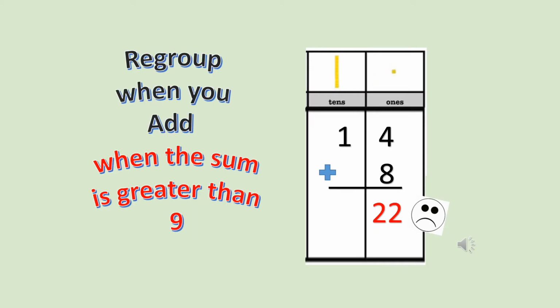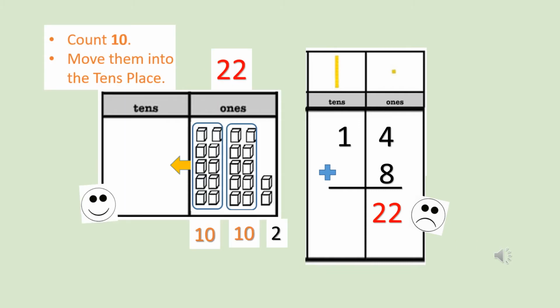So let's go back to the problem 14 plus 8. This is a problem that requires us to regroup because the sum is greater than 9. When you add 14 plus 8, the answer or the sum is 22. So 22 cannot sit in the ones place. What can we do?